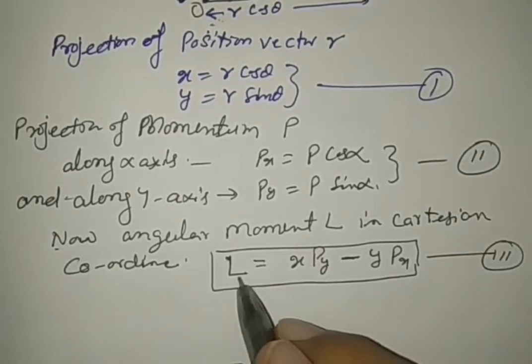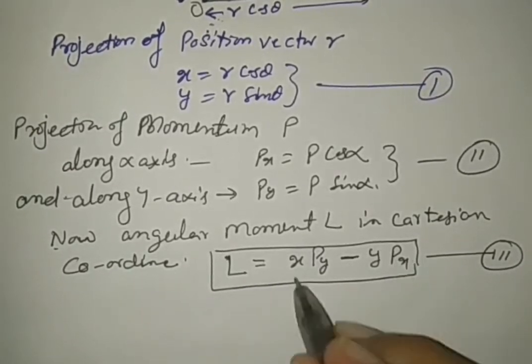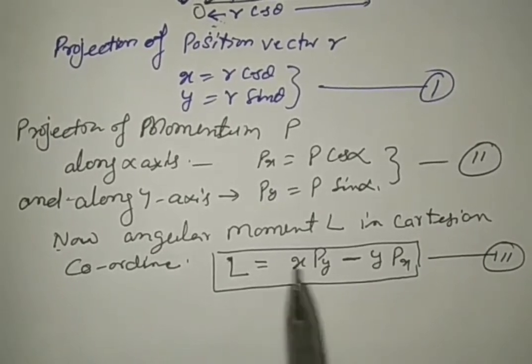Here, in Cartesian coordinates, the angular momentum is written in this form. This is equation 3.